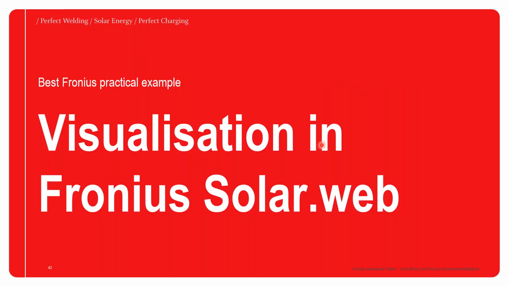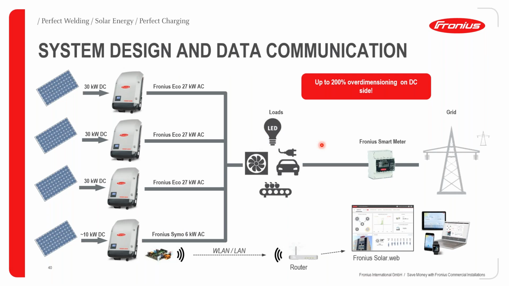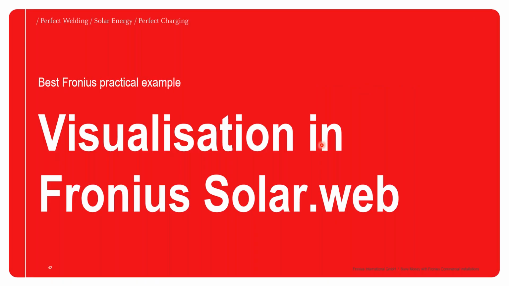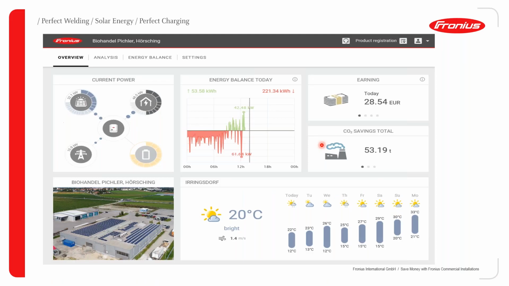Great, so we've seen how the system was implemented. Now let's look at how it is visualized on Fronius Solar.web. As you can see, with the picture of the site, we have the details of the energy balance for consumption and production, and very importantly, earnings for the day. This doesn't stop here.